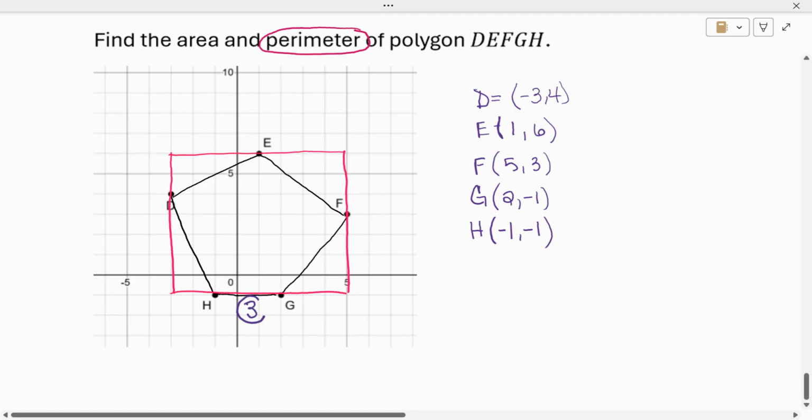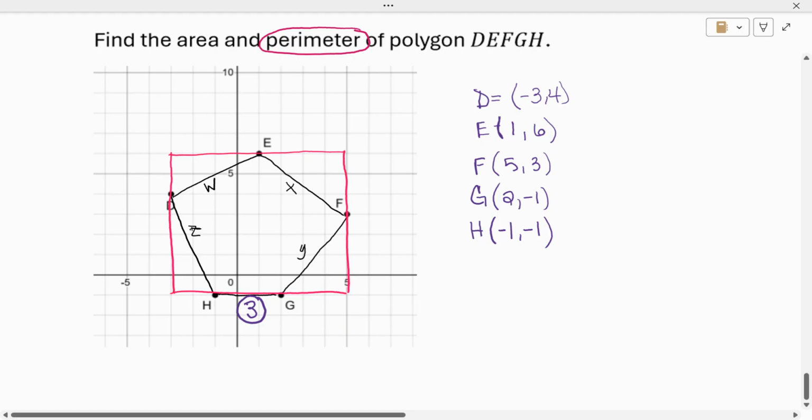So I know that this measurement right here is 3 units. But for the rest of them, I'm going to have to use Pythagorean theorem. So I'm going to label the sides W, X, Y, and Z.